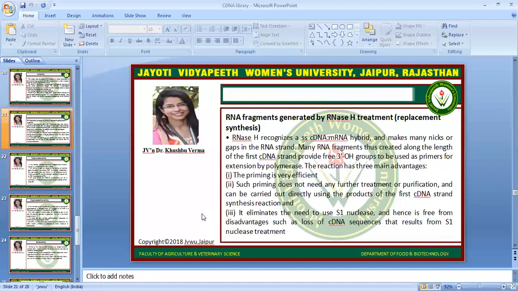The reaction has three main advantages. First, the priming is very efficient. Such priming does not need any further treatment or purification and can be carried out directly using the products of the first cDNA strand synthesis reaction. And it eliminates the need to use S1 nuclease and hence is free from disadvantages such as loss of cDNA sequences that results from S1 nuclease treatment.